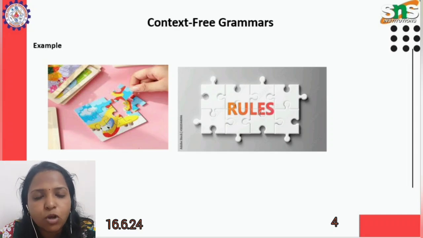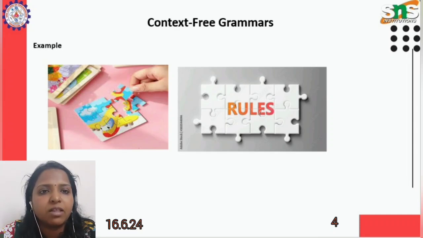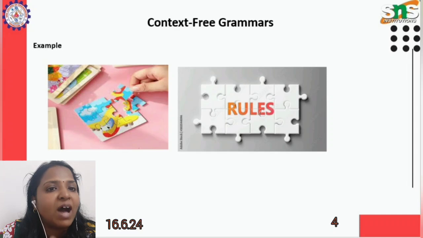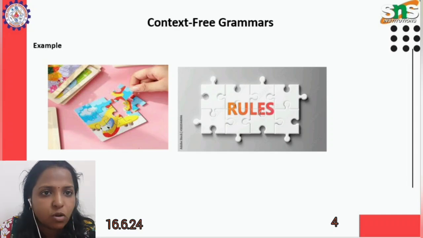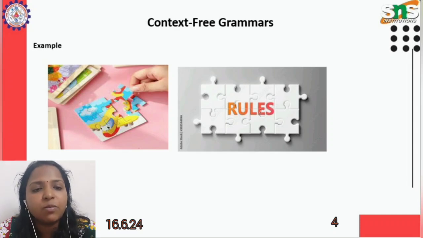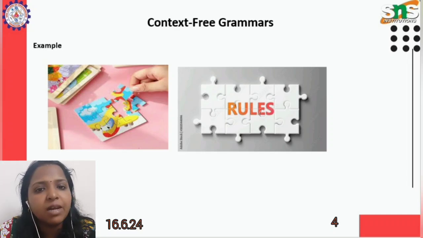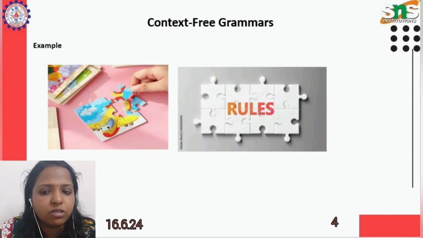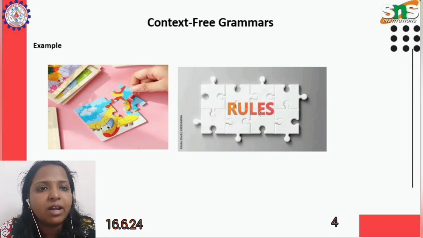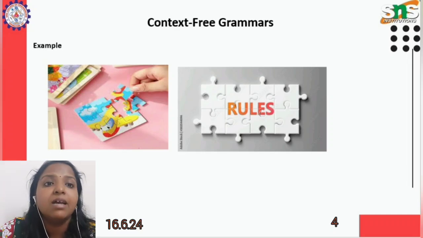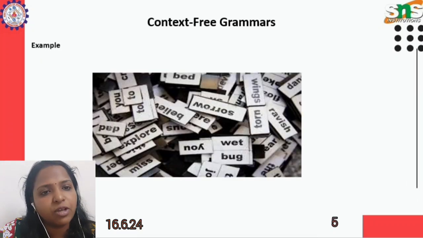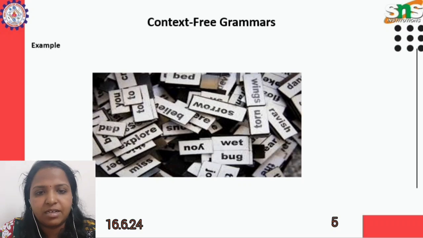Only if we place the puzzle pieces in the right place will we get the right output. Similarly, we have a bunch of words. We have to put these words in the correct order, in a correct way. Only then will we generate a meaningful sentence.